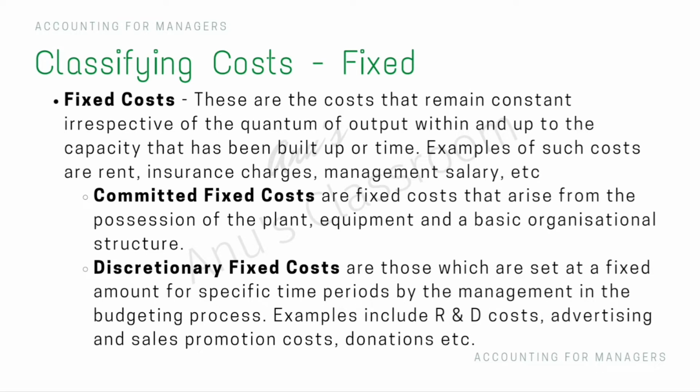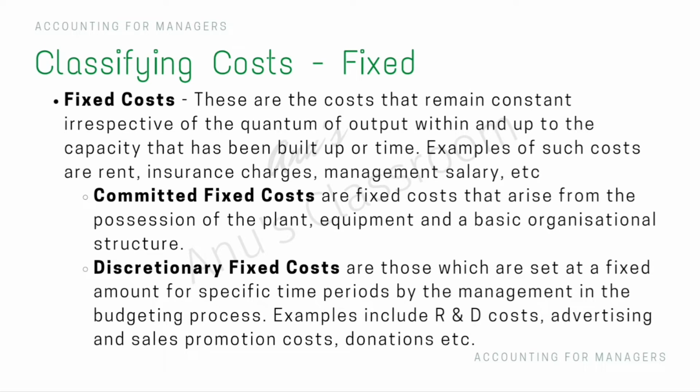So that also includes your rent, like your discretionary fixed cost, in case you have a rented apartment or a rented building where your office is operating. Your rent agreement would be for a period of, say, 12 months or 11 months, maybe even 23 months or 24 months. At the end of that time period, that agreement will be revised and you will have to pay the new fixed rent, right?